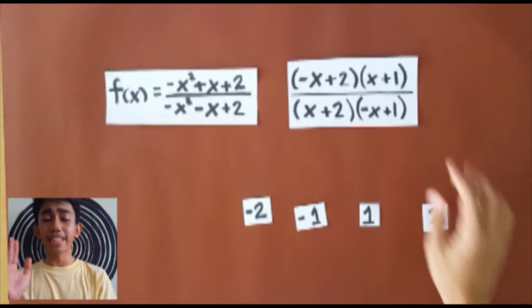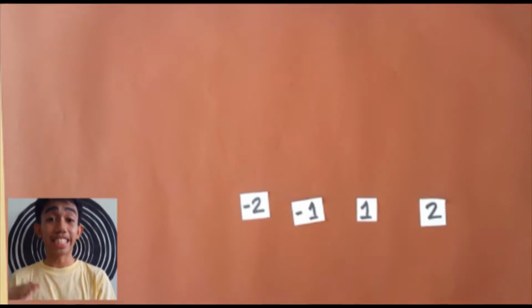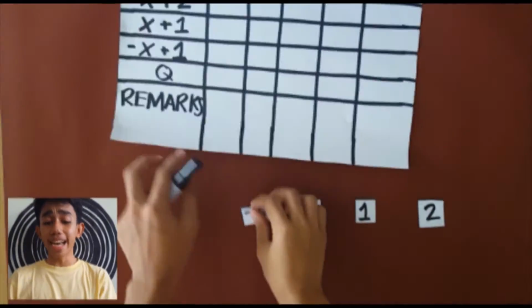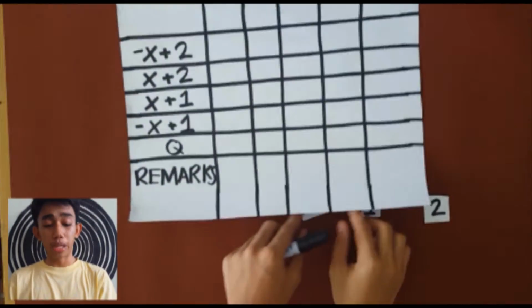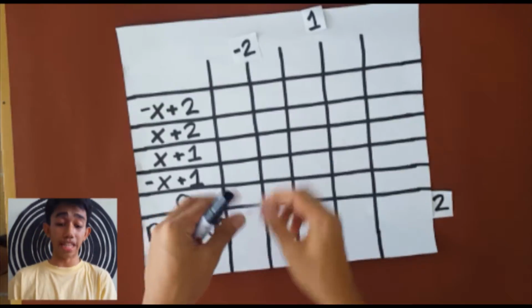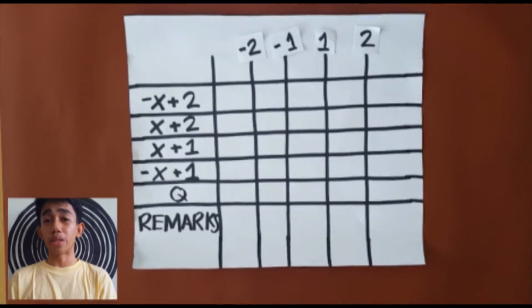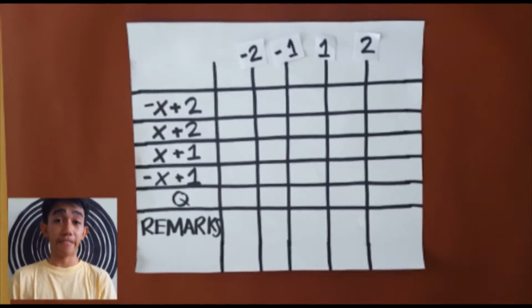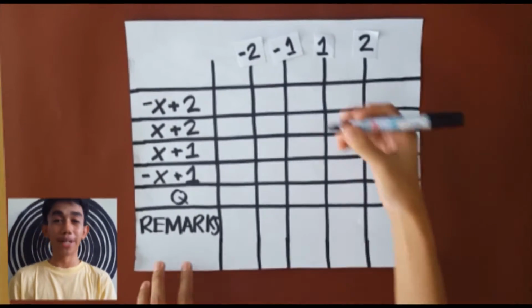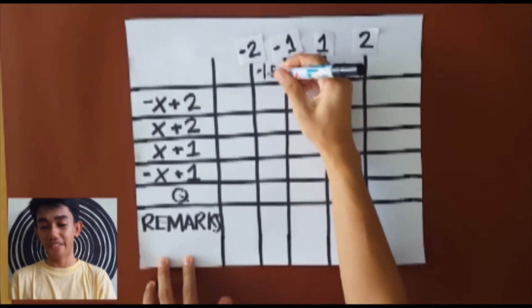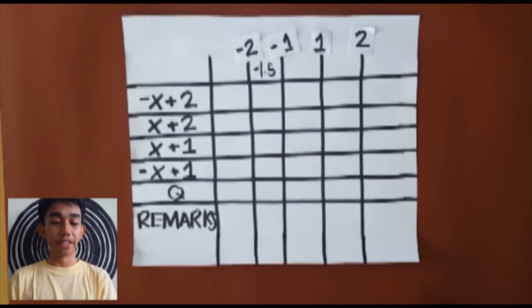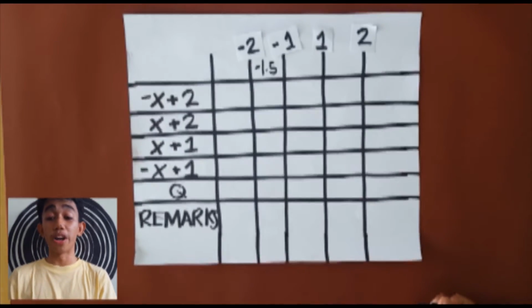So now, let's make a table of signs out of these critical values. Assign a value in each column that is within the range of these critical numbers. For example, if you are going to give a value between negative 2 and negative 1, then perhaps you can have negative 1.5. Then evaluate whether the result would be positive or negative.